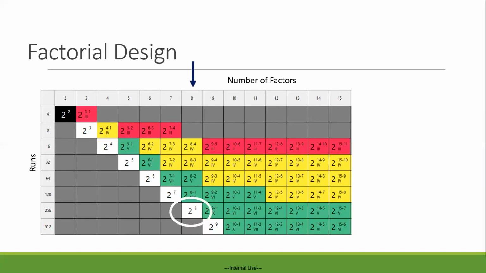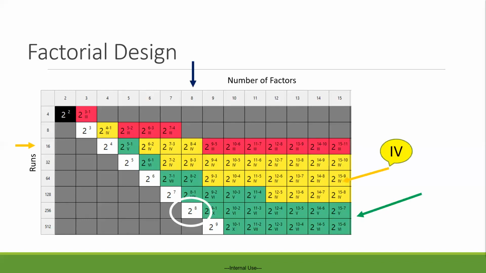The white area is the full factorial, 2 to the 8th power or 256 experiments. However, we only need to screen the 8 factors for those that have the main effect, and for that, the resolution 4 design is sufficient, the yellow box.